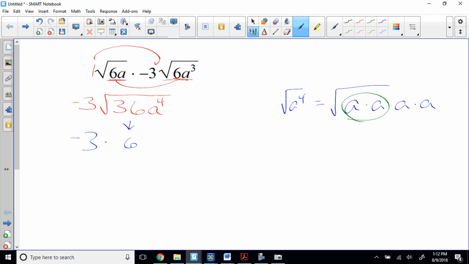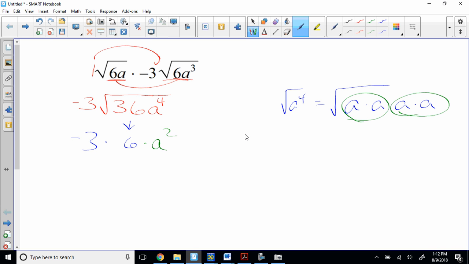That's 1 grouping. Here's 2 of the same things. That's another grouping. So how many groupings of a's do I have? Okay, so I can pull out a squared. Is anything left behind? Okay, good.